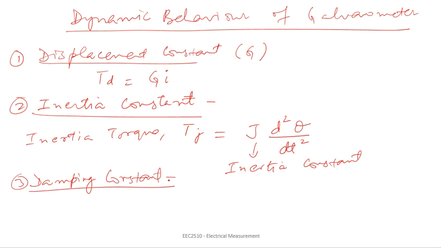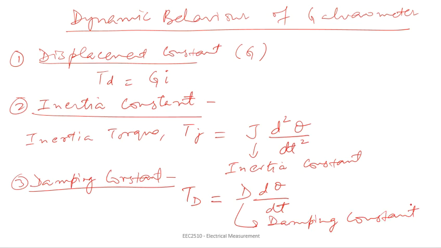Damping torque can be assumed to be proportional to the speed of the moving system, so it can be written as Td equals D times d theta over dt, where D is called the damping constant.